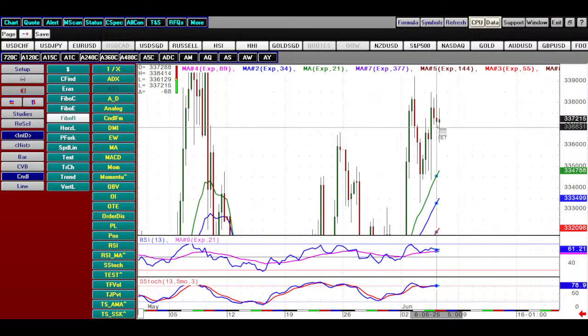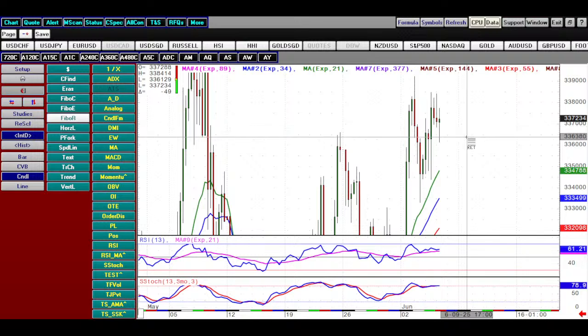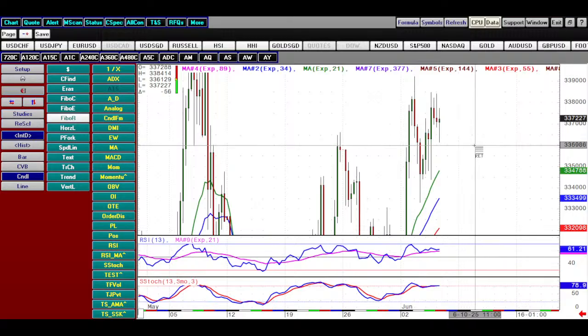The 69 I sold is definitely out as of now. If I put my stop at 85 or 85 half, what should I do? I should reduce my stop. I should reduce my risk control. So if I lose, then I don't lose that much.